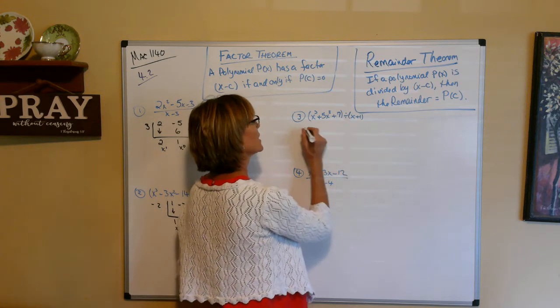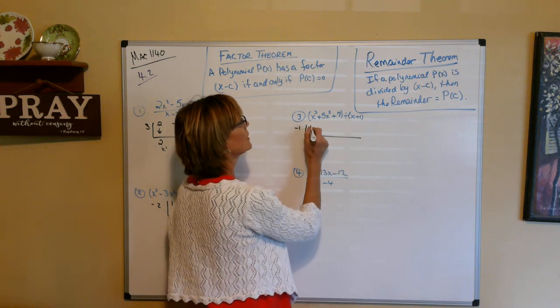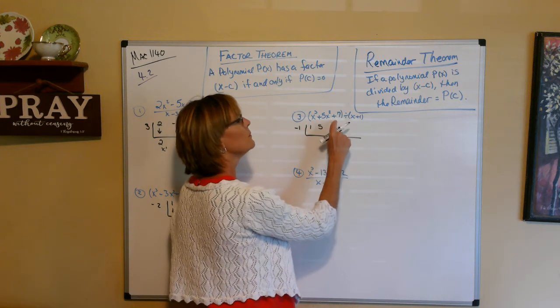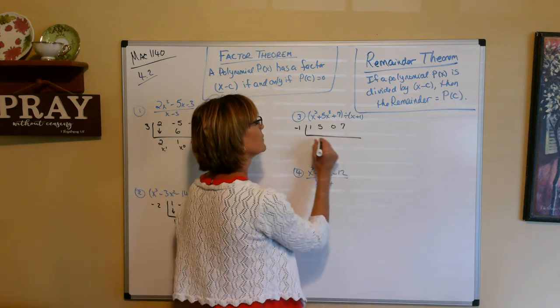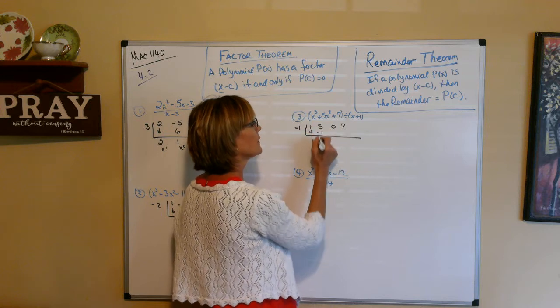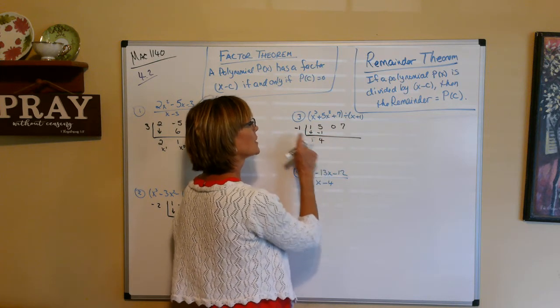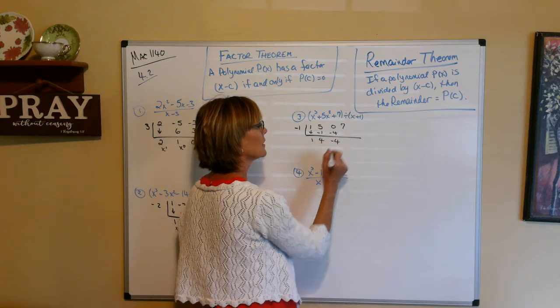Okay, number 3, synthetic division, c is negative 1, big long L. Coefficients 1, 5. I'm missing a term, put in your placeholder 0, and 7. Bring down 1. 1 times negative 1, negative 1. 5 minus 1 is 4. 4 times negative 1, negative 4. 0 plus negative 4, negative 4.